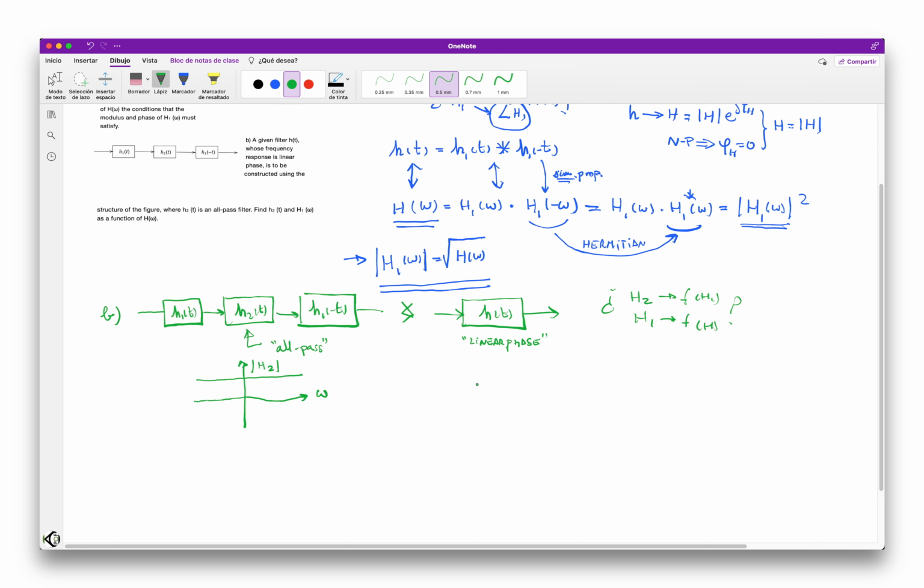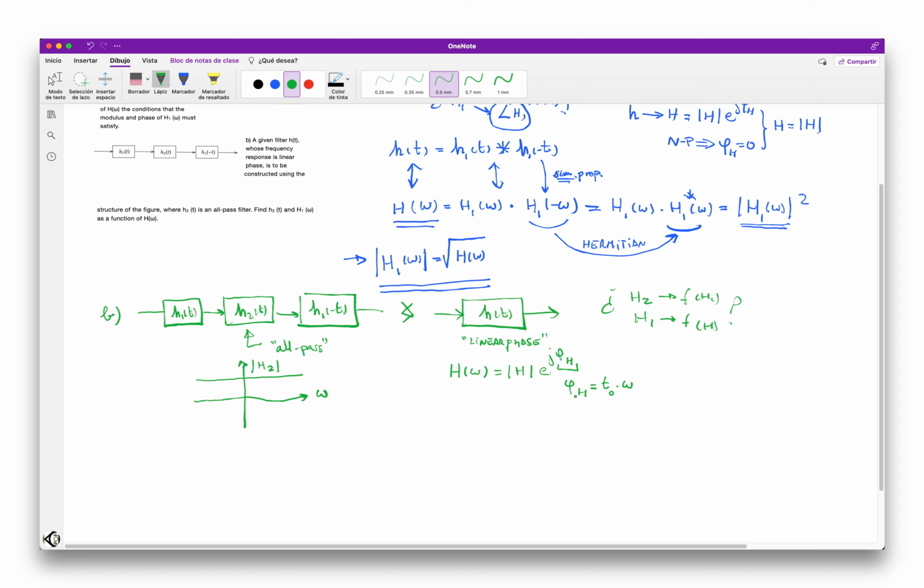And what does linear phase mean? Okay, linear phase means that the phase is linear. So remember that if the frequency response of h of t is h of omega, it will consist of a modulus and a phase. And linear phase means that the phase, which is this function over here, is linear. It's a linear function of the frequency omega. So phi sub h is a linear function of the frequency omega, which means it is of the type a constant that we can call t0 times omega.